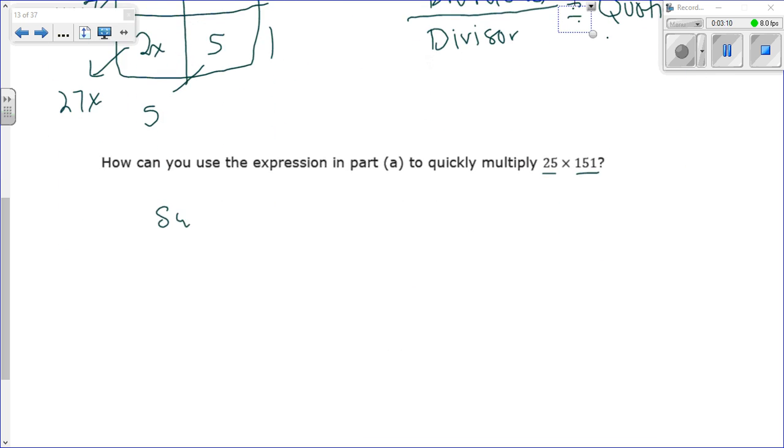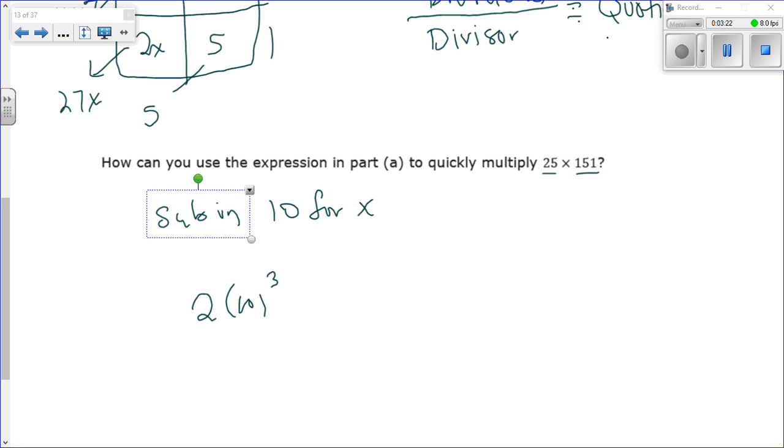So sub in 10 for x. So I'd have my answer 2 times 10 cubed plus 15 times 10 squared plus 27 times 10 plus 5.